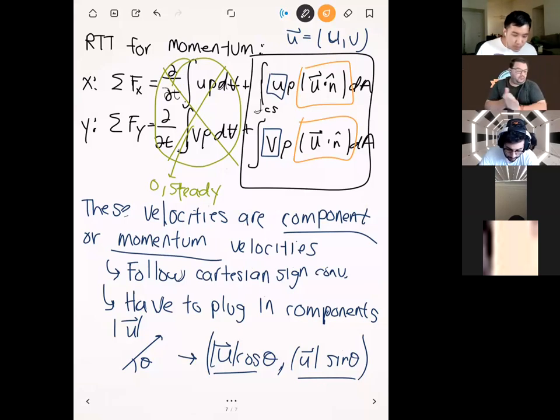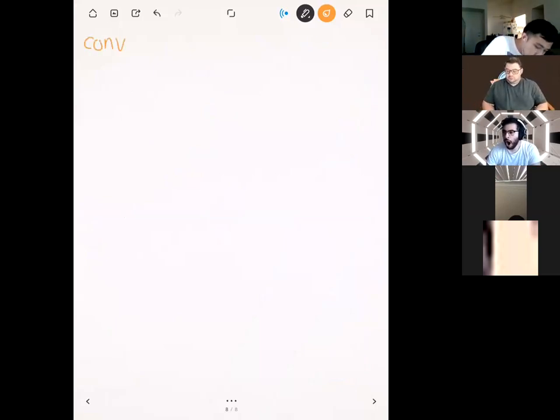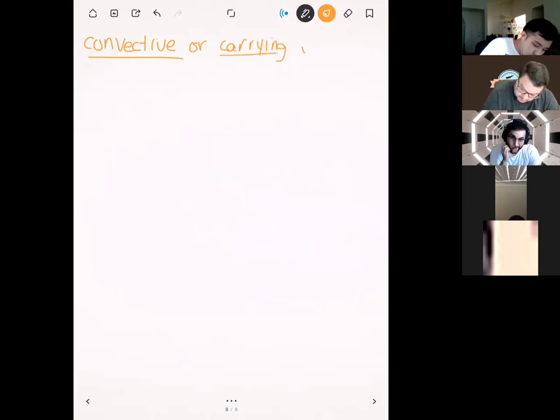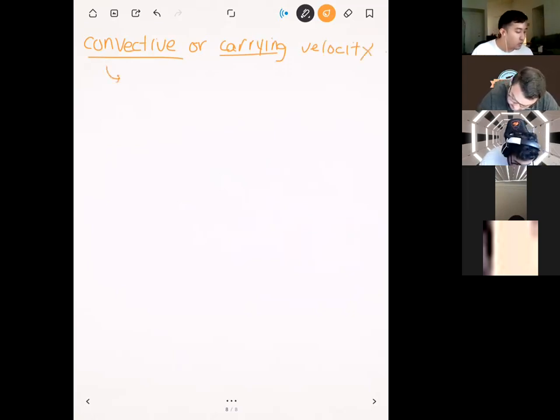Okay, so let's go over the orange box velocities. The name that I give these velocities is the convective or the carrying velocity. And so these follow the usual inflow-outflow sign convention, because remember, it's a dot product with the normal vector.